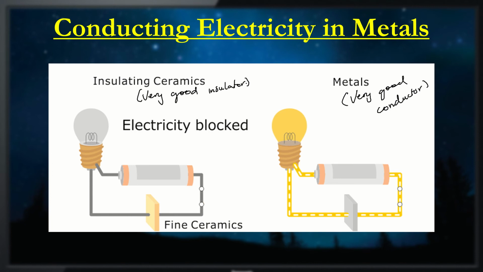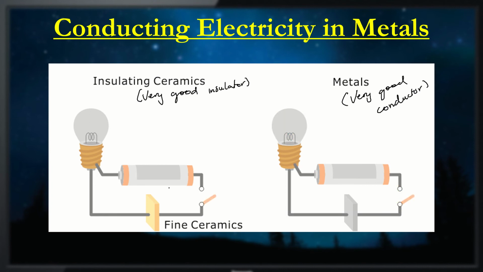The way we can work it out is when we have a complete circuit. So we have our switch. When the switch is closed, you can see that on one side our insulating ceramic doesn't have electron flow. On our conductor side though, we have the flow of the electrons or charged particles here.